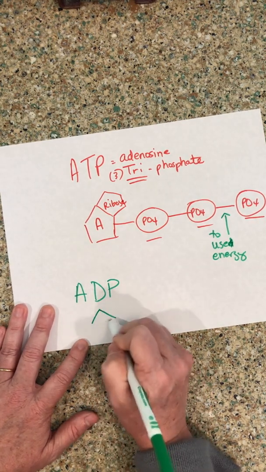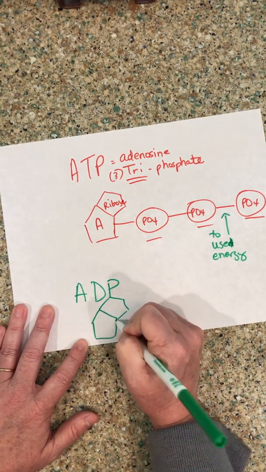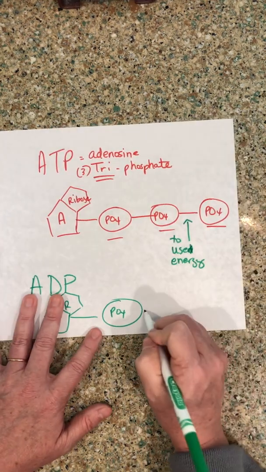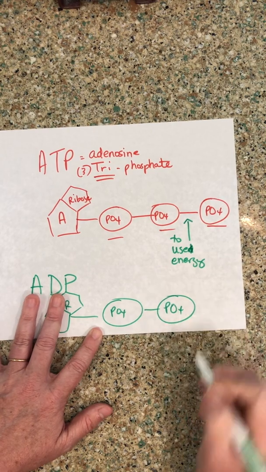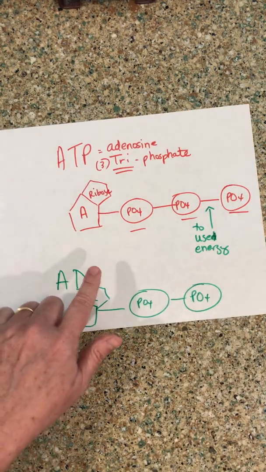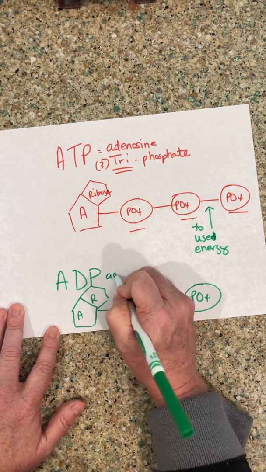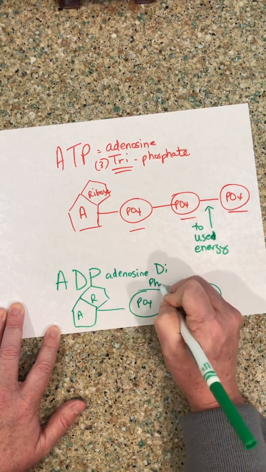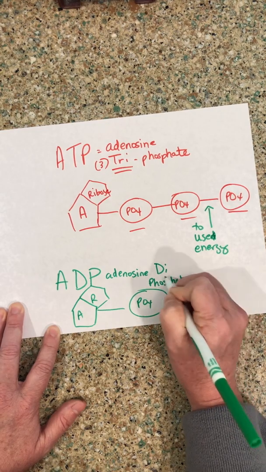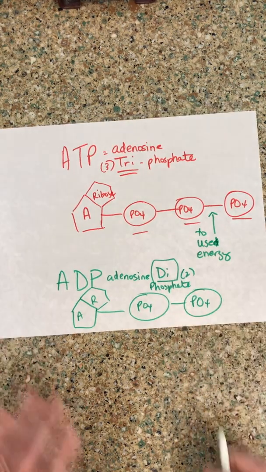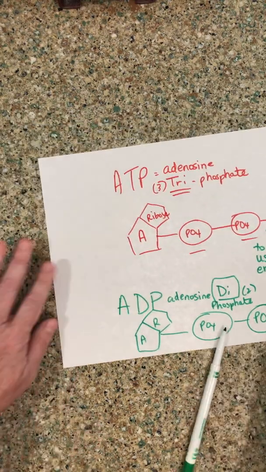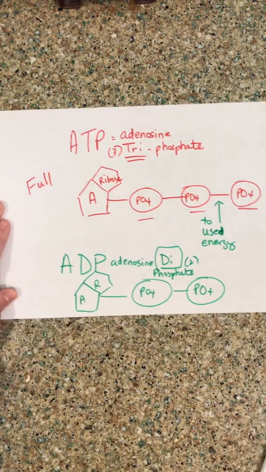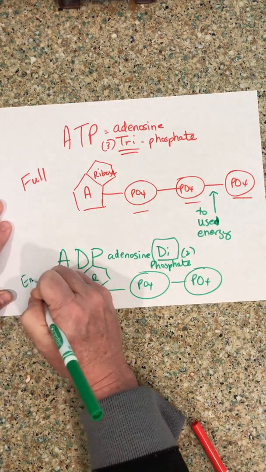All right, so it still has the adenine and the ribose, but now it has only 1, 2 phosphates. Okay, so ADP, this stands for adenosine diphosphate. And di is a prefix that means 2. Okay, so ATP is a full energy molecule. ADP is heading towards empty.